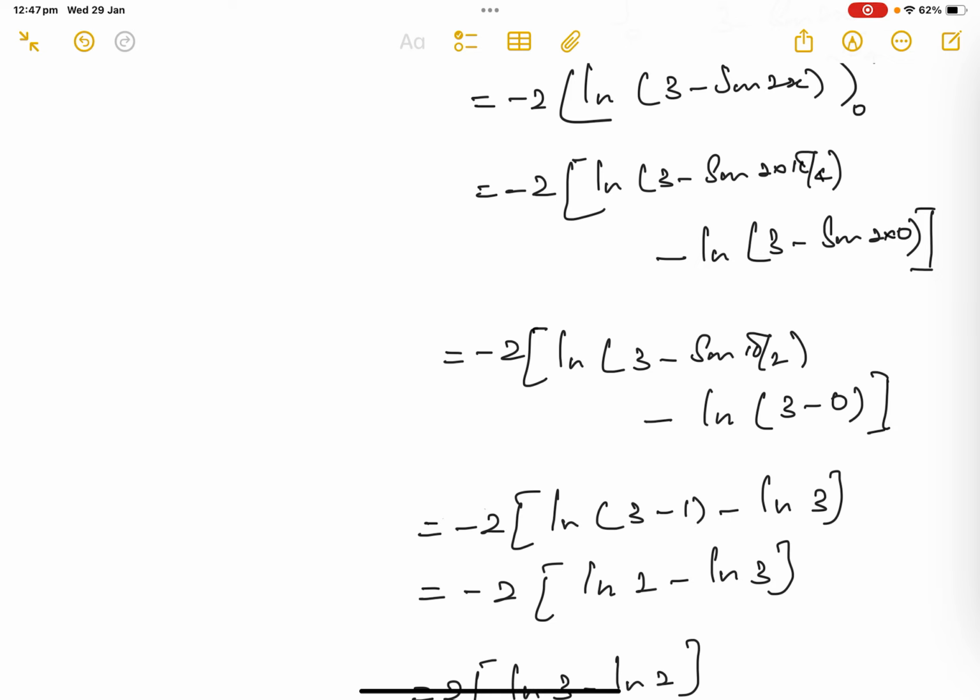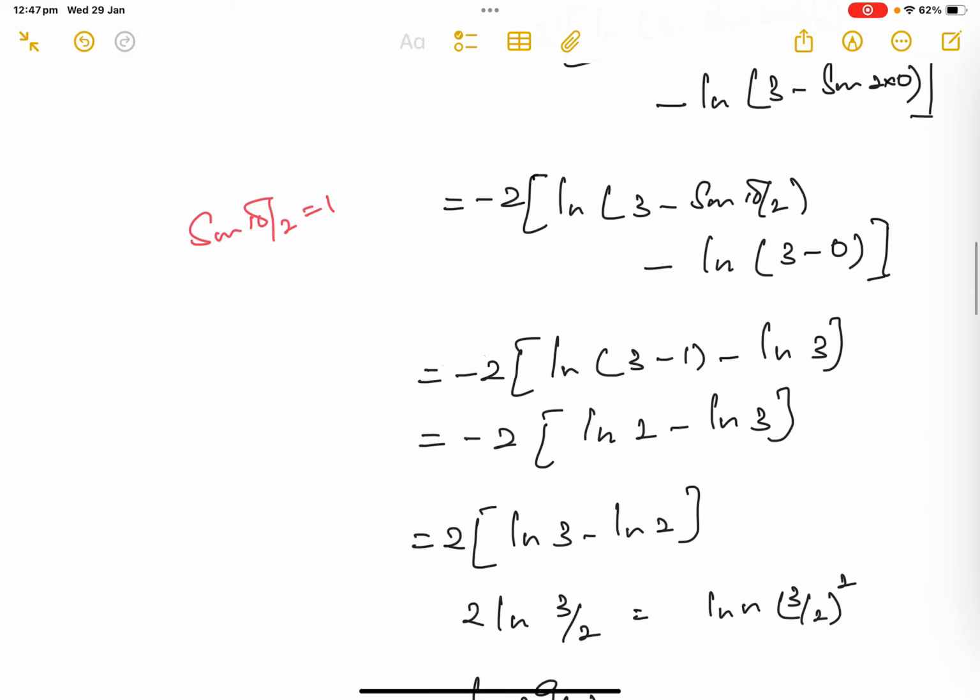Then minus 2 times ln of 3 minus sine π/2, minus ln 3 minus sine 0, which is 0. Sine π/2 equals 1. So that is minus 2 times ln 2 minus ln 3.